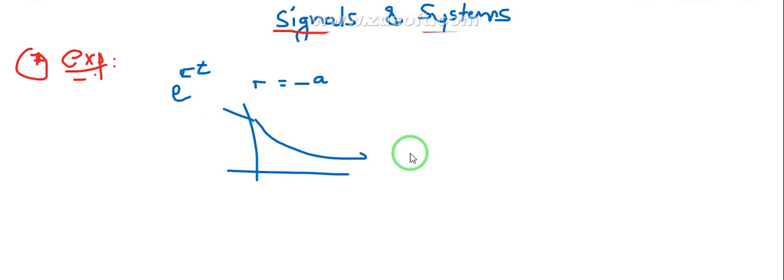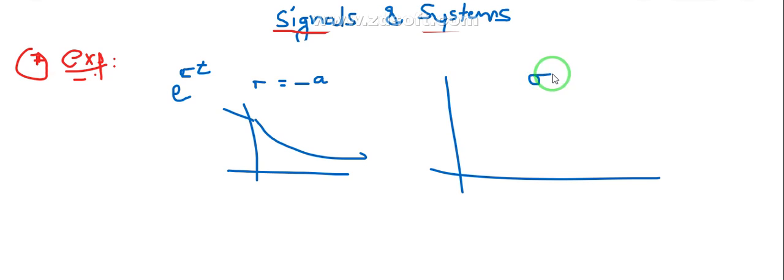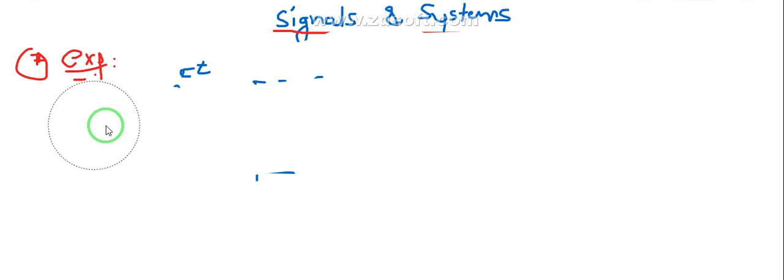If sigma is plus a, it is an exponentially increasing signal, like this. These are the basic signals which you have to know before understanding signals and systems.